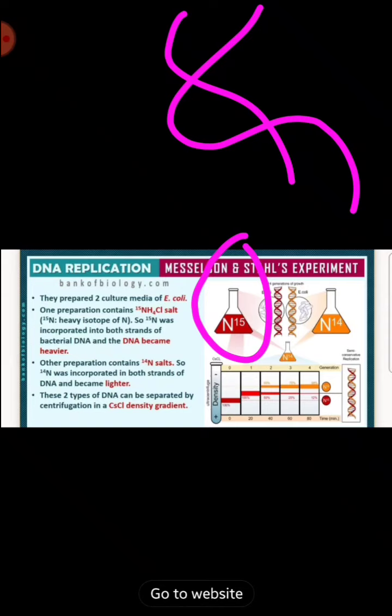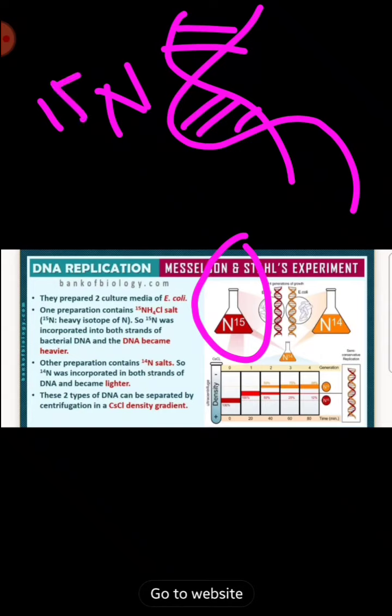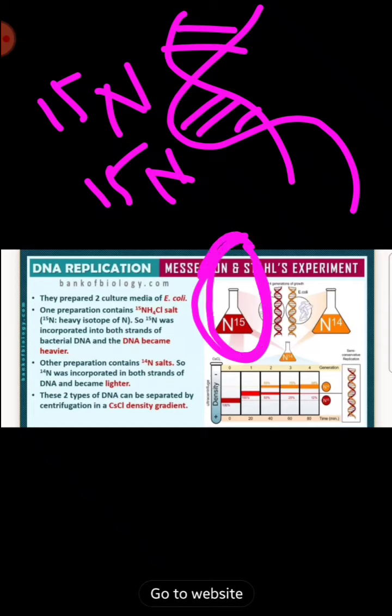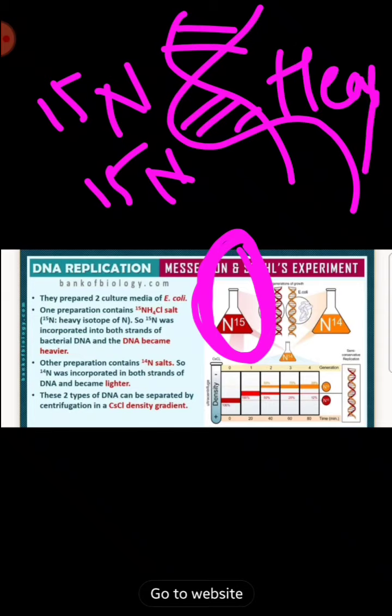So it will go and bind to the N molecule. This N15 is the heavy isotope, so it is bound to the DNA. So the bacterial DNA in this medium will be heavy, because it is the heavy isotope, right?